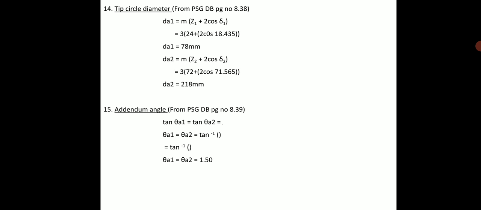Then tip circle diameter, from page number 8.3. DA1 is equal to mt into Z1 plus 2 cos delta 1 cos theta. DA1 is equal to 78 mm. Similarly, for DA2, we are getting 218 mm. And addendum angle, tan theta A1 is equal to tan theta A2. Using the same formula, we are getting theta A1 equal to theta A2 is equal to 1.50.